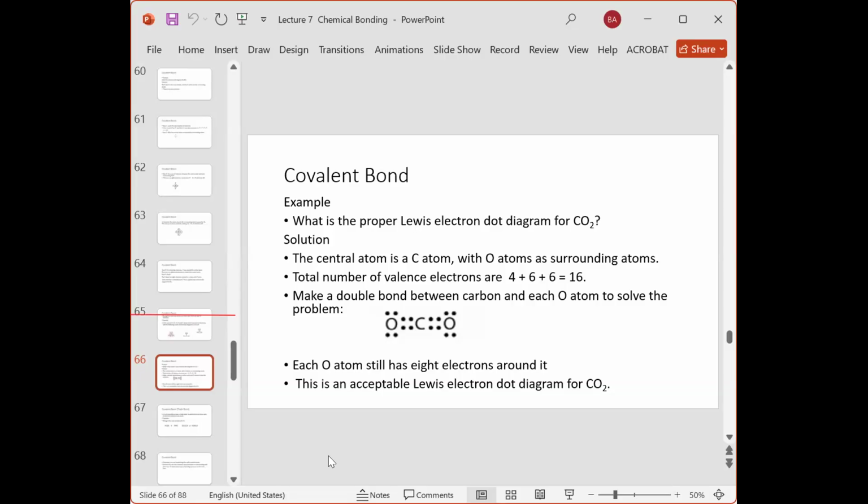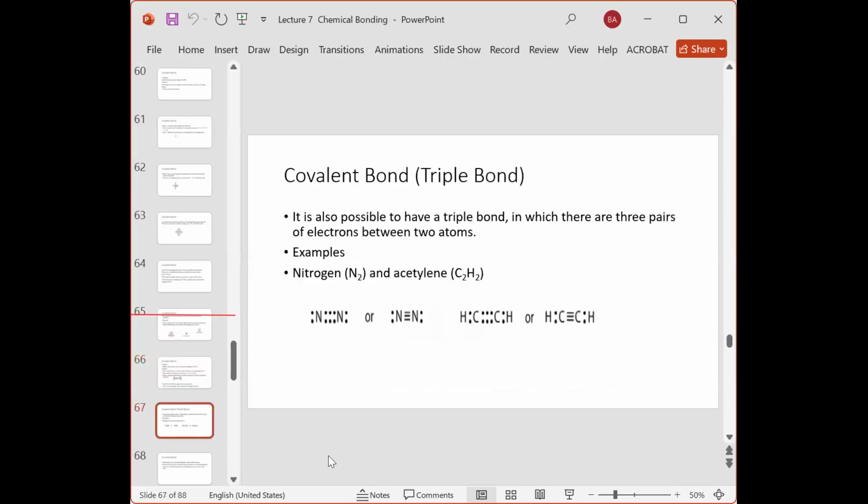So that will be a double bond between carbon and oxygen, on each side. All right, so you take a look at it. Now, if you didn't know, now you know. If you have carbon and oxygen bonding as carbon dioxide, you have to have a double bond inside. That's how it is.